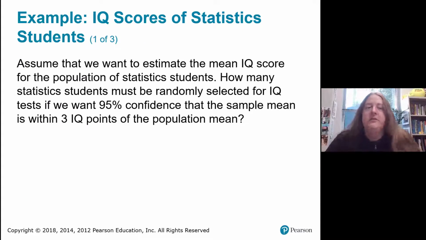So let's take a look at an example of this. If we want to know the IQ score for the population of statistics students, how many statistics students do we need to randomly select for IQ tests if we want 95% confidence that the sample mean is within 3 IQ points of the population mean?